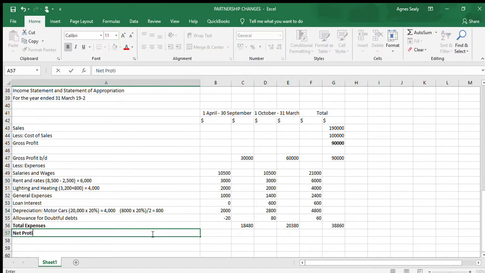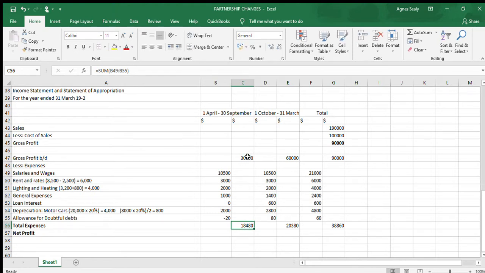Our net profit would be our gross profit minus our total expenses. So let's see the net profit that the partnership made between April 1st and 30th of September. Our net profit for the period April 1st to 30th of September is $11,520.